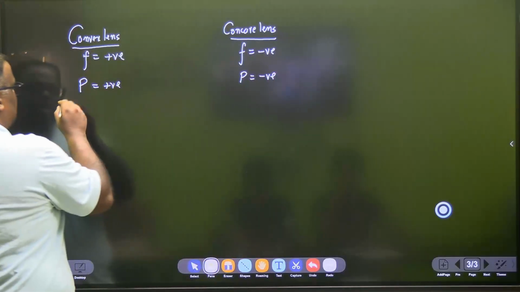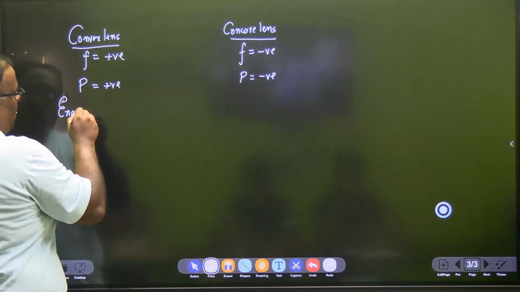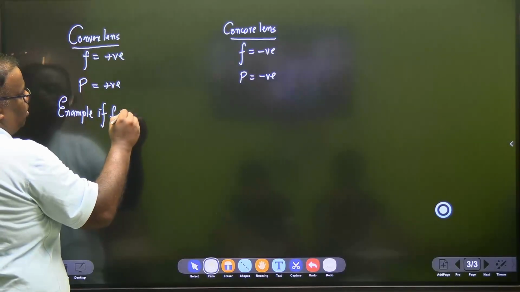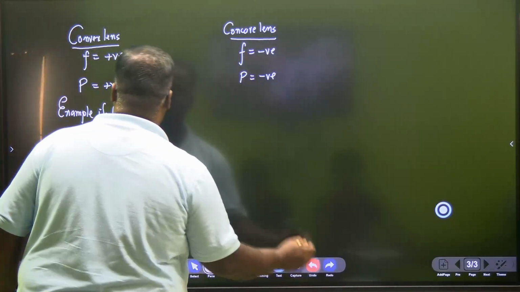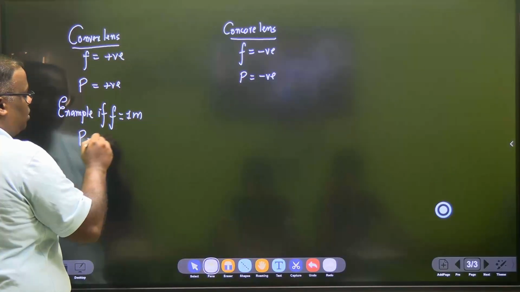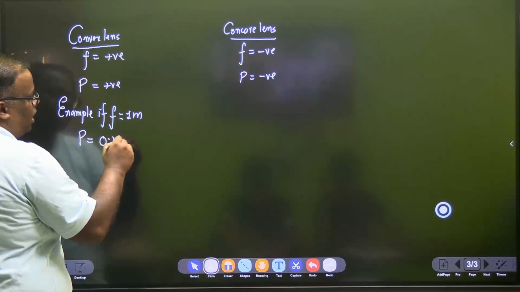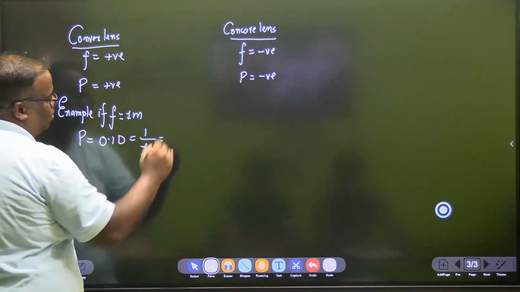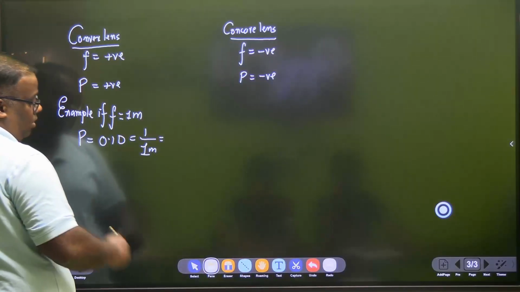Like, let's say some example. If F is equal to 1 meter, then what is the power equal to? Power is 1 by 1 meter, which is equal to how much? 1.